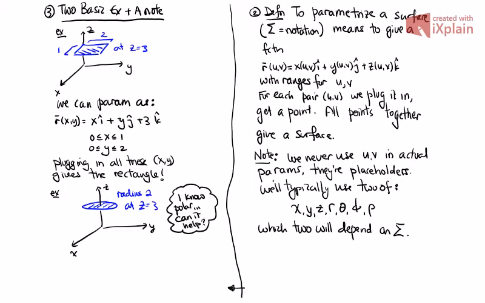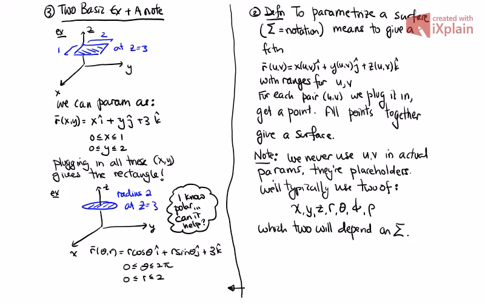So the answer is, here's the parametrization. So I'm going to use theta and r. I'm going to make this x value r cosine theta, the y value r sine theta, the z value, or the k, 3, and we will have theta going from 0 to 2 pi, and r going from 0 to 2.